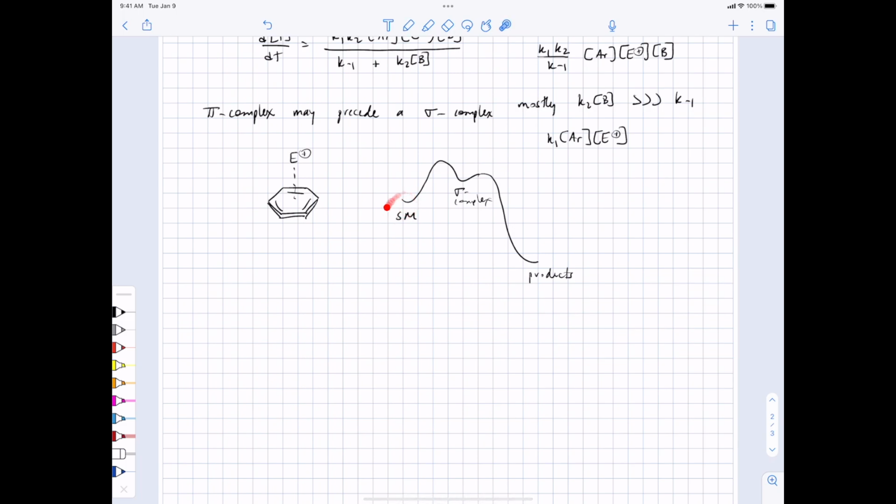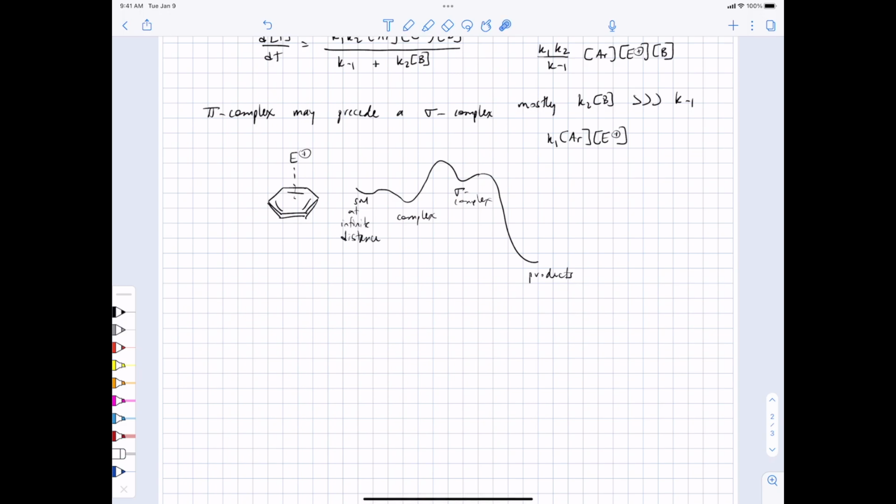What we've taken for granted, though, is in many cases the starting material is actually some kind of complex that's lower in energy than the starting materials at infinite distance.